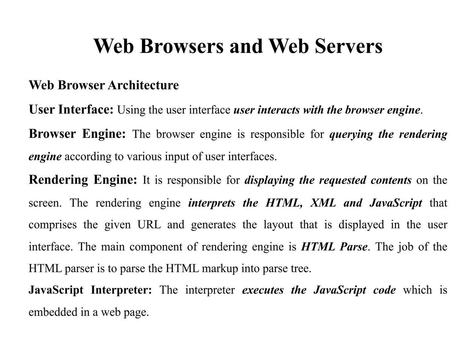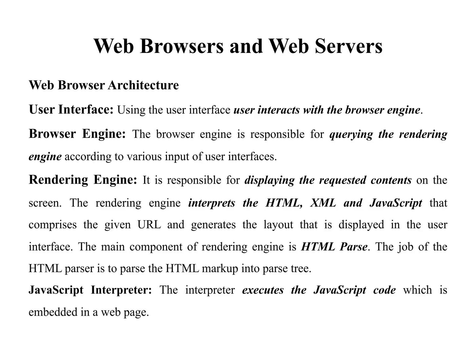The main component of the rendering engine is the HTML parser. The job of the HTML parser is to parse the HTML markup into the parse tree. Next is the JavaScript interpreter. The JavaScript interpreter executes the JavaScript code that is embedded in the web pages.